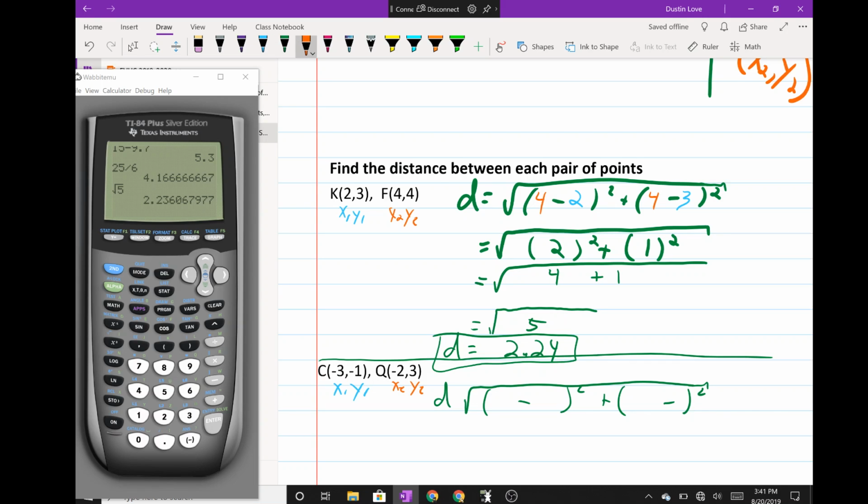All right, so x2 minus x1. x2 is -2 minus, and then I'm going to do that whole thing with the plus. -3 becomes +3, minus -3 becomes +3.